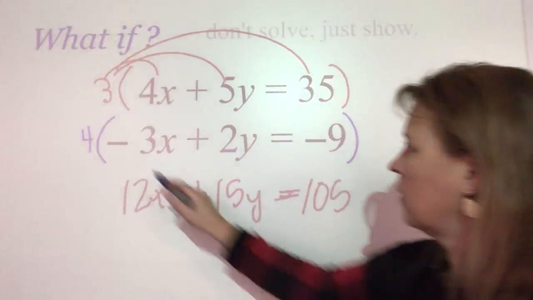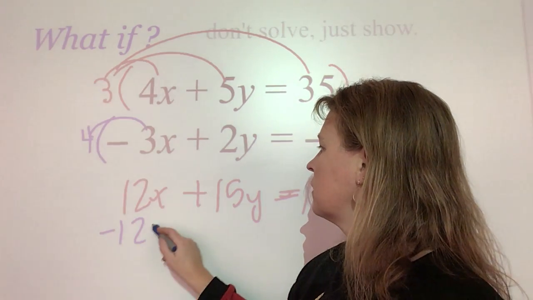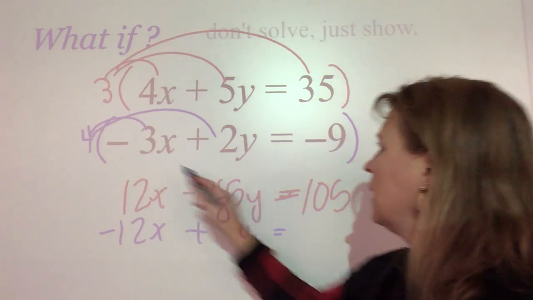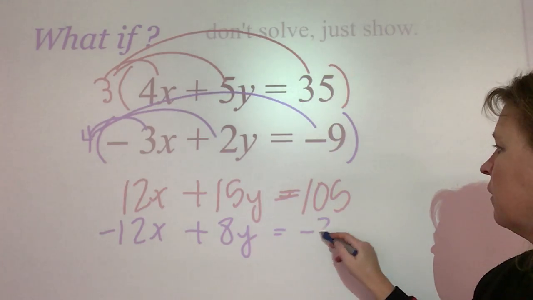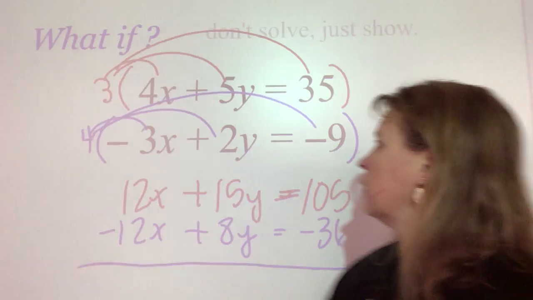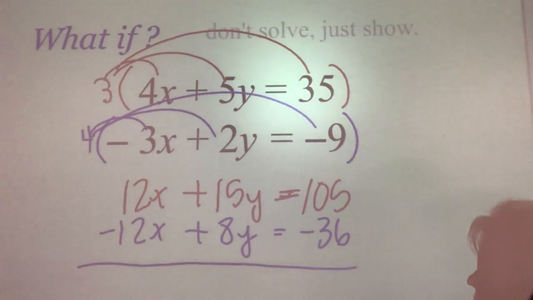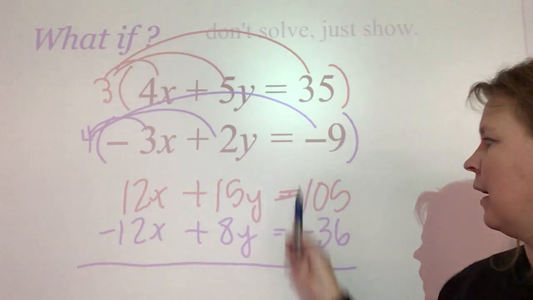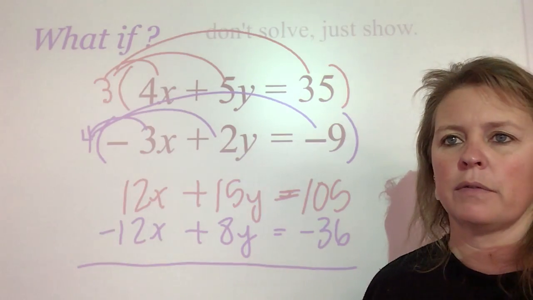When you do the second one, you get negative 12x plus 8y equals negative 36. And believe it or not, look at there, you've got elimination. Add down, add down, add down. You would just solve it from there.